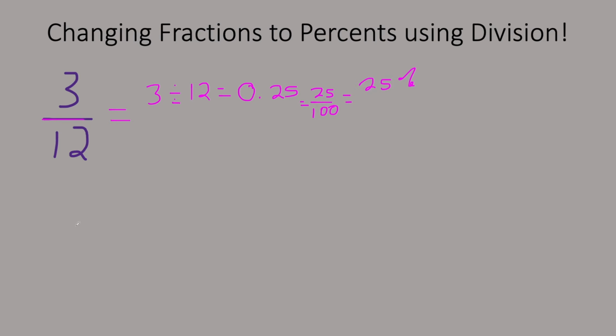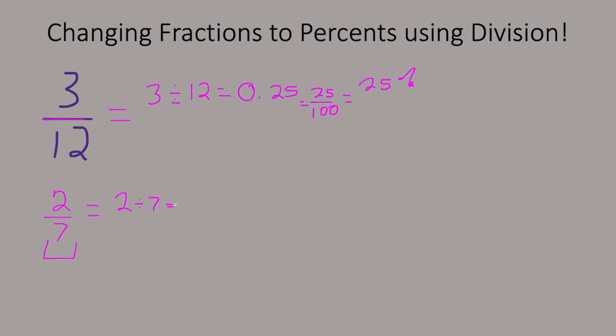All right, now say I have 2/7. I can't take this and reduce it. I'm not going to be able to just find a multiple of 100. So I am going to again divide this.